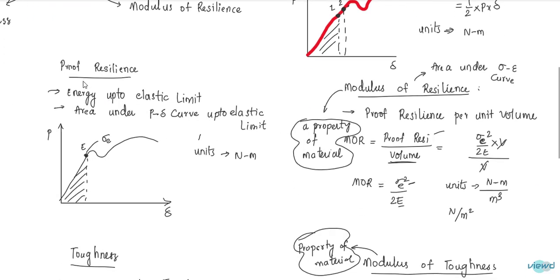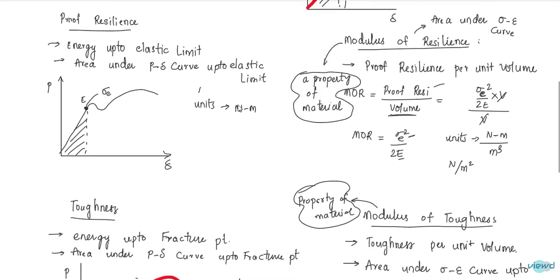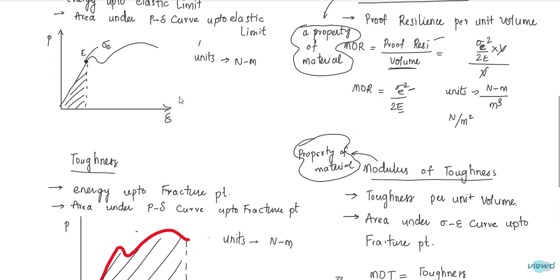Then proof resilience, energy up to elastic limit, is the area under the P delta curve up to elastic limit, and the units are the same, Newton meter. Modulus of resilience is proof resilience per unit volume, and the area under the stress strain curve gives us the modulus of resilience. Units are Newton per meter square or Newton meter per meter cube.